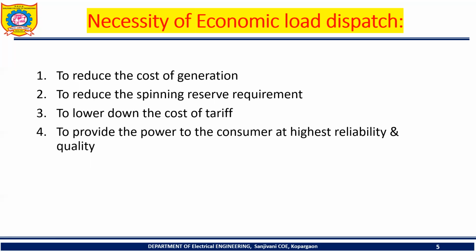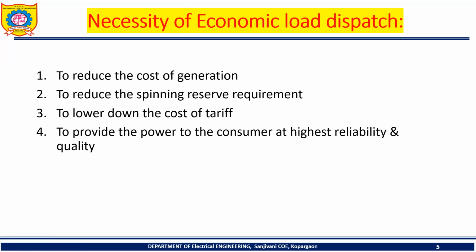Second one, to reduce the spinning reserve requirement. If we are generating at a lesser cost and generating a sufficient amount of electrical power, there is a very small requirement of reserve capacity of a generating power plant. Ultimately, it saves a huge amount, isn't it? Next, third one, to lower down the cost of tariff.